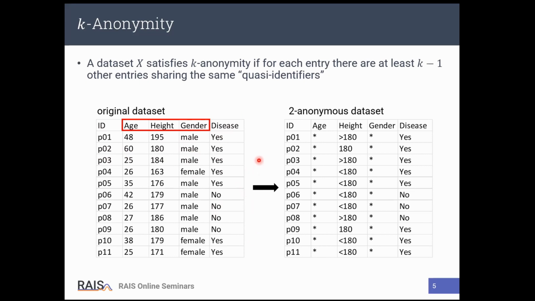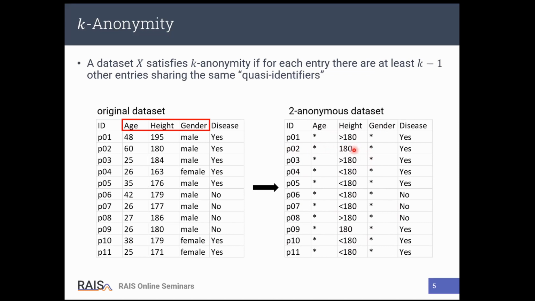What k-anonymity does is try to remove some information by generalizing and/or suppressing some of these attributes, which are called quasi-identifiers, until for each entry there are at least k-1 other entries which share the same tuple of quasi-identifiers.